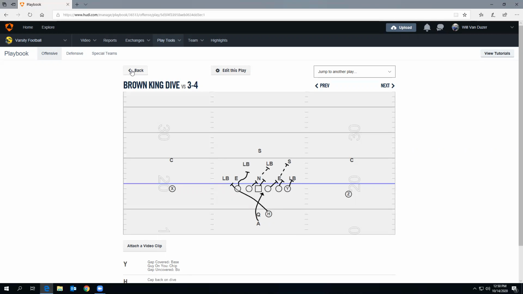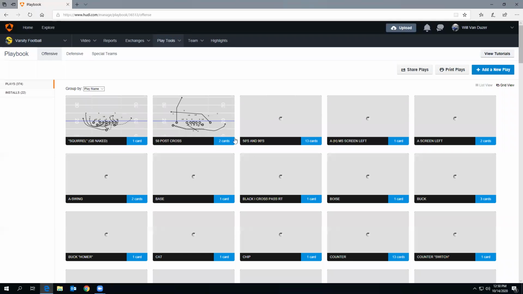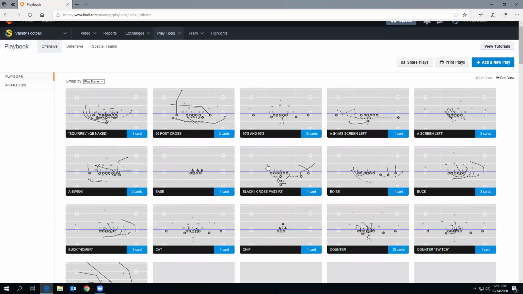That's your rule on dive. That's also your rule on sweep. Your rule on sweep is your gap, on, to next play side backer. The only difference in sweep is that you're trying to reach him with the scoop block instead of trying to attack him vertically. So that's your rule for dive and sweep.